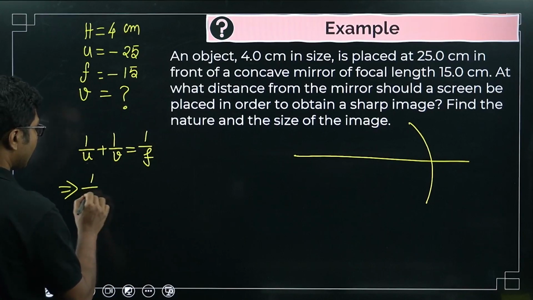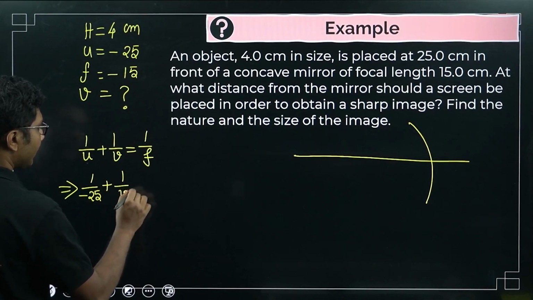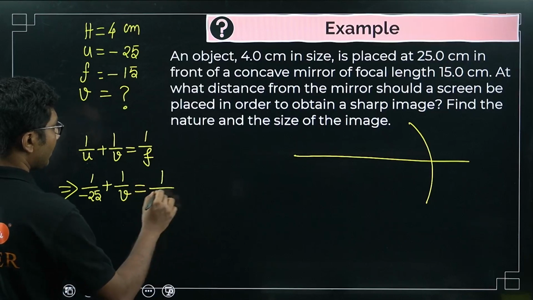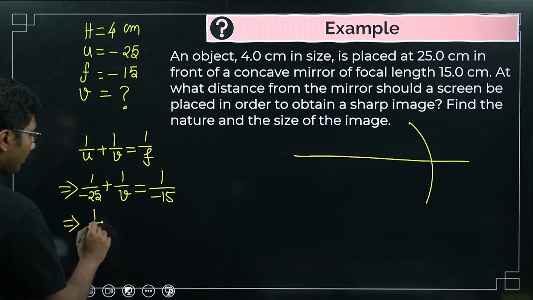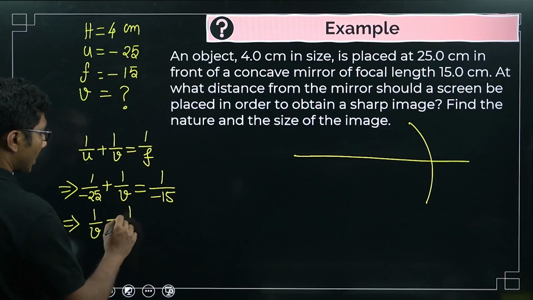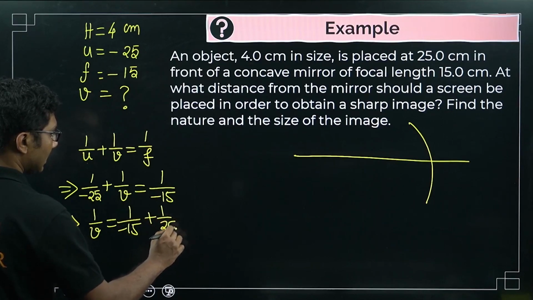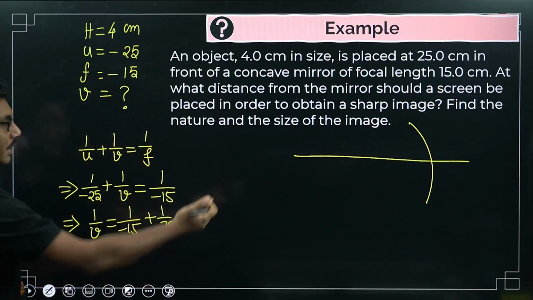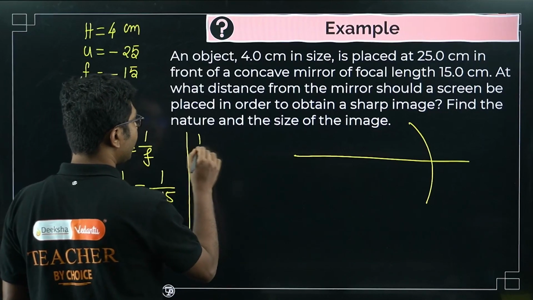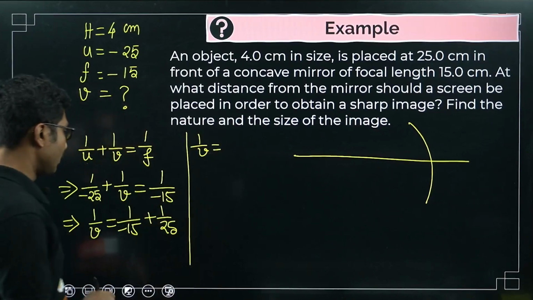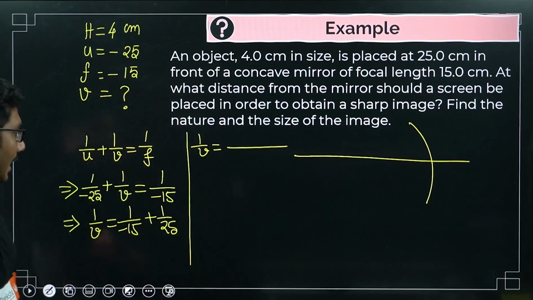So u is minus 25: 1 by minus 25 plus 1 by v equals 1 by minus 15, or 1 by v equals 1 by minus 15 plus 1 by 25. Why plus? Because it was negative, so it goes to the right-hand side and becomes positive. What is the LCM of 15 and 25?